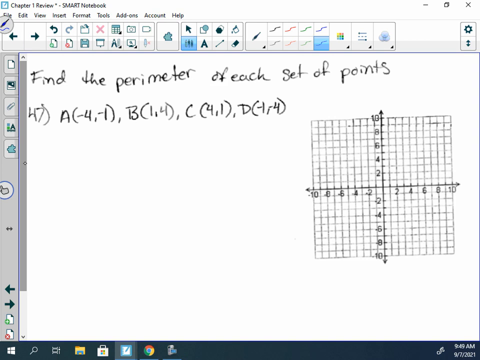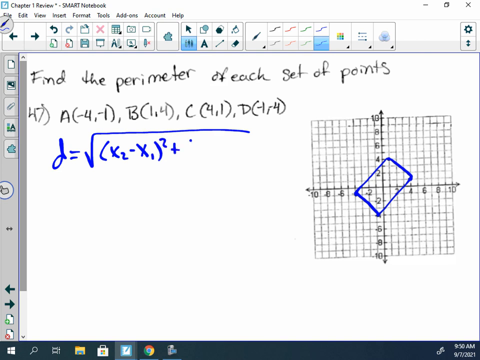Okay. Well, we'd plot the points. Negative 4, 1, 1, 4, 4, 1. Negative 1, negative 4. Distance formula.